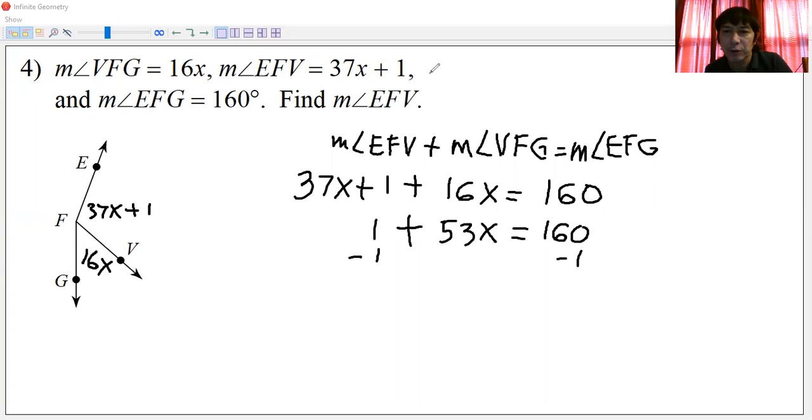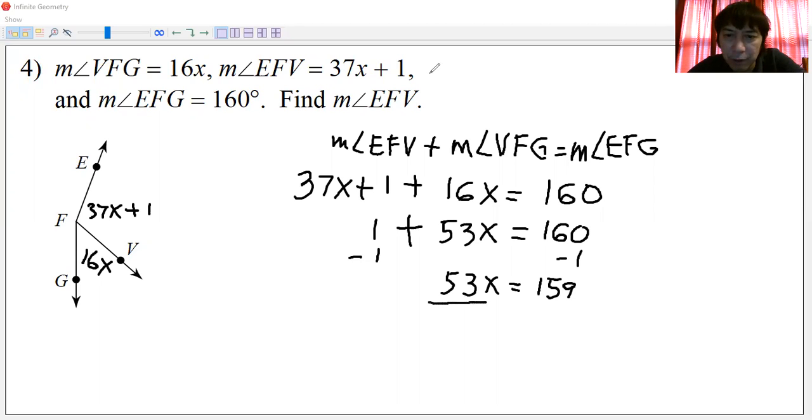All right. So this is now 53x equals 159. The next step is to divide by the number beside x. That's the way to determine your divisor. It's the number beside your variable.